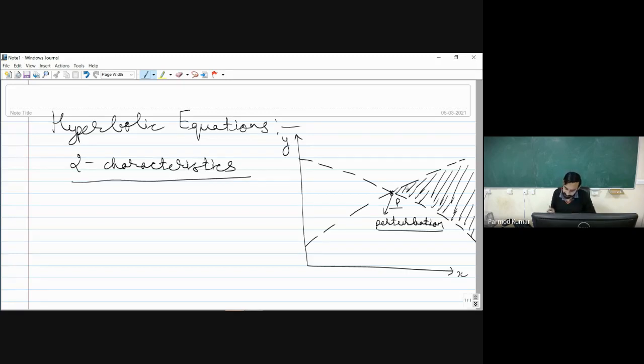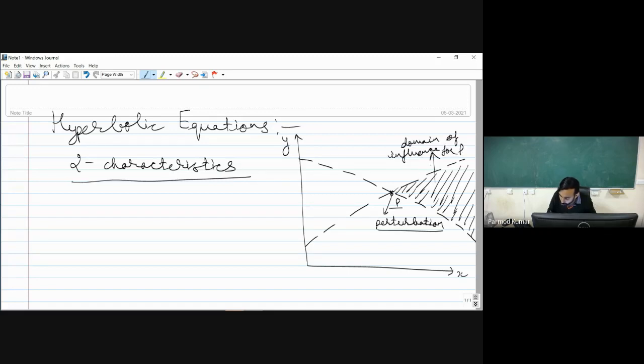Whatever perturbation I provide here, the higher order derivative terms will not exist along the characteristic lines. So the effect of that perturbation will be felt only in the region bounded by these two lines. That is why this hatched portion is known as the domain of influence for point P.